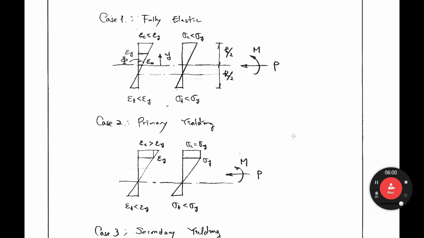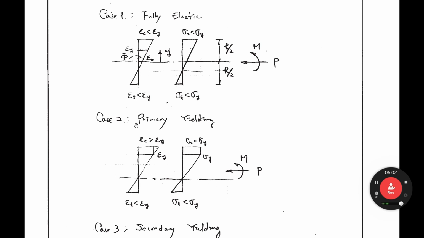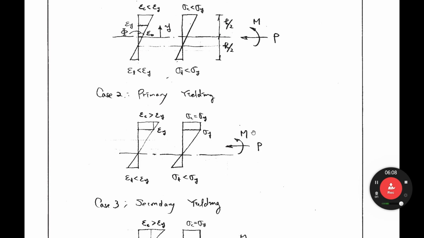Let's look at case 2, the primary yielding case. Primary yielding means the top part yields. One side is yielded; we call it primary yielding. So if you see the strain relationship, at the top the strain is greater than epsilon y. At the bottom, the strain is less than epsilon y. How about stress? From this epsilon y, the stress is sigma y.